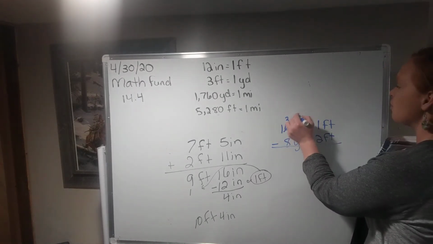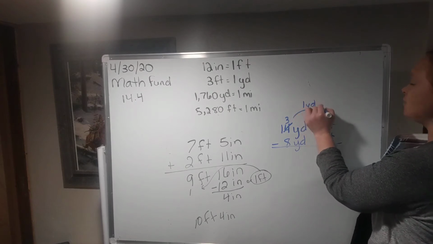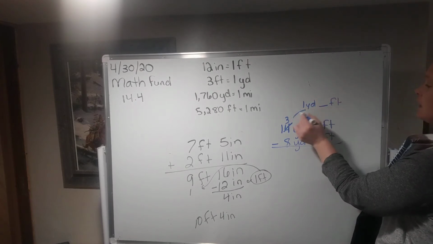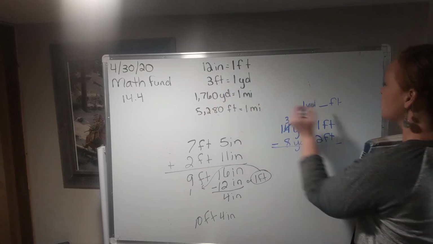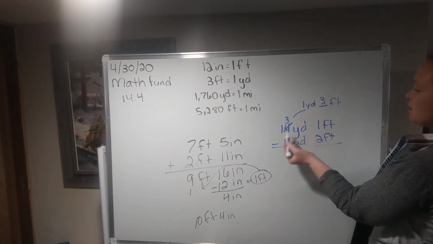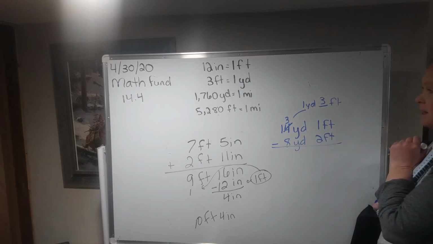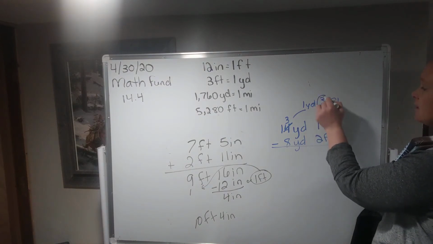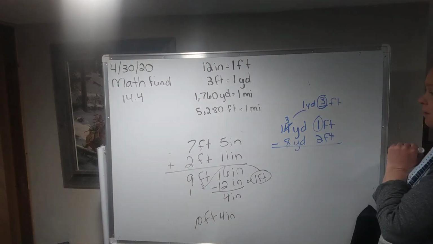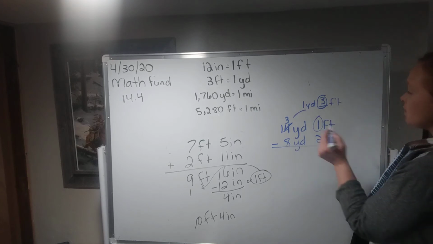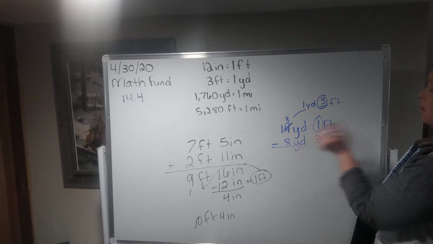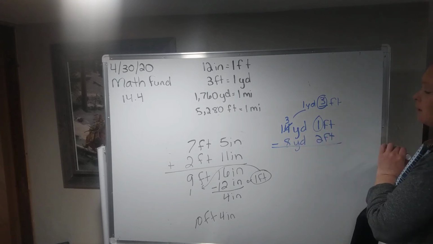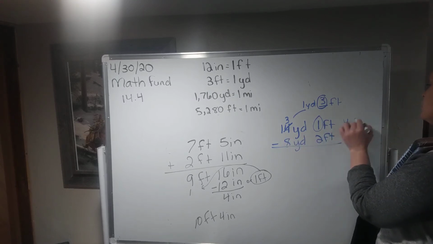And as I borrow my 1 yard, I have to change it into feet as I move to this side. So 1 yard equals 3 feet. Okay, so as I borrow, instead of just putting a 1 in front, I have to add them together. Okay, so this becomes 4 feet. Okay, because the 3 feet that I borrowed from over here plus the 1 I already had becomes 4 feet.